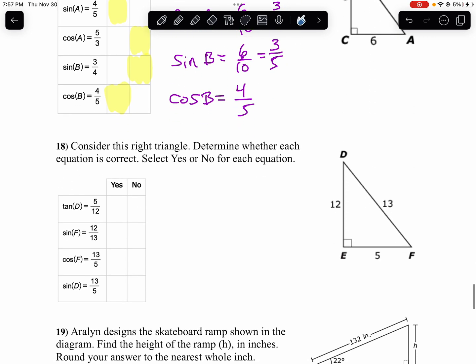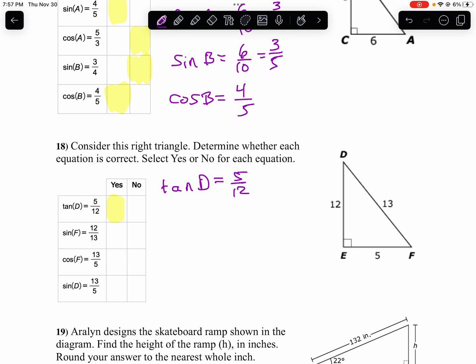And question 18, we're going to kind of do the same thing. We're dealing with tangent this time, so I'm going to say the tangent of angle D is the opposite, which is 5, over the adjacent, which is 12. So that is correct.